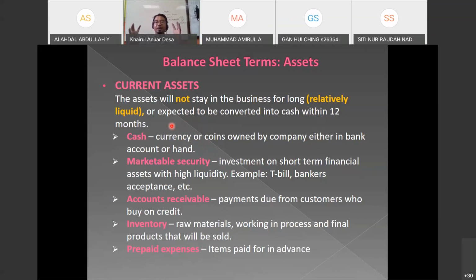So current asset, within 1 year. Within 1 year means jangka pendek, short term. So what is the short term? Short term means 1 day to 365 days in a year. Boleh? Okay? So cash.